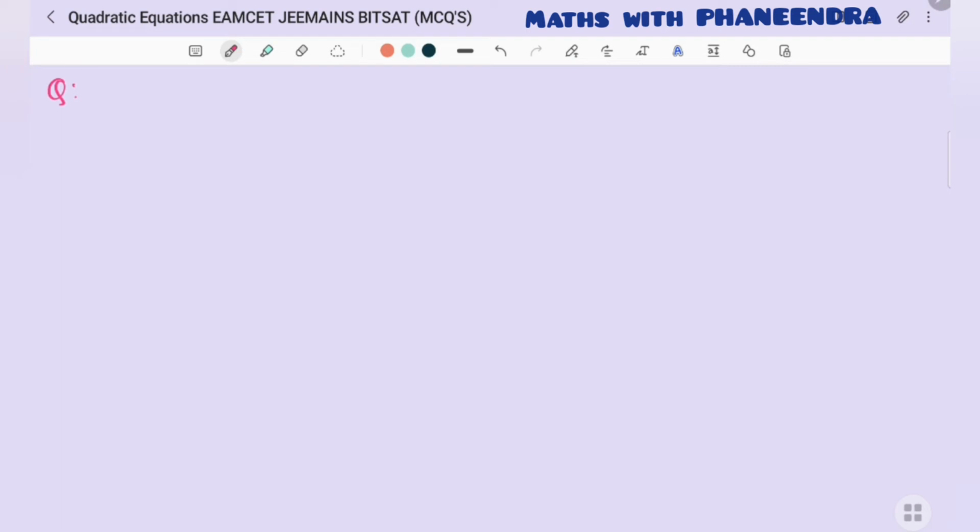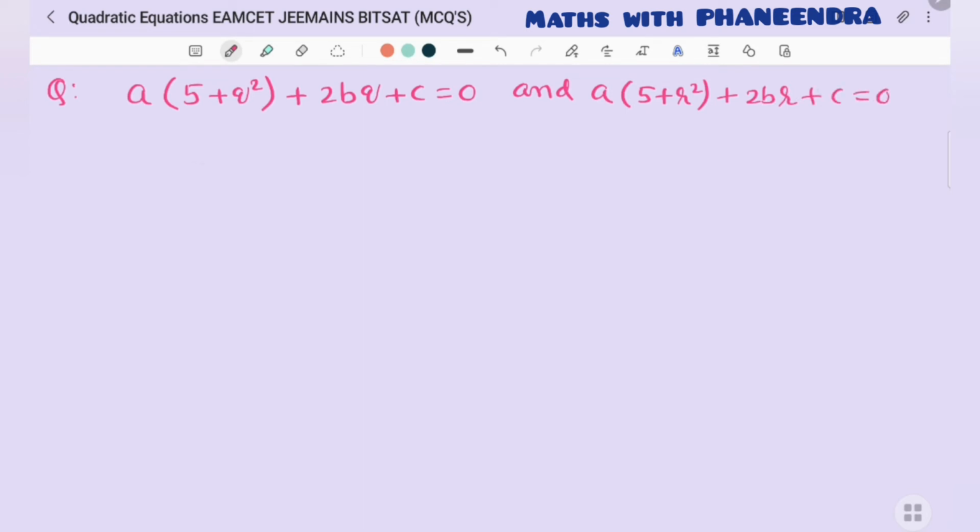So the next question is also a twisted question, a good question, but conceptually: a(5 + q)² ... a into 5 plus q square plus 2b into q plus c is equal to 0, and a into 5 plus r square plus 2b into r plus c is equal to 0, where a is not equal to 0.